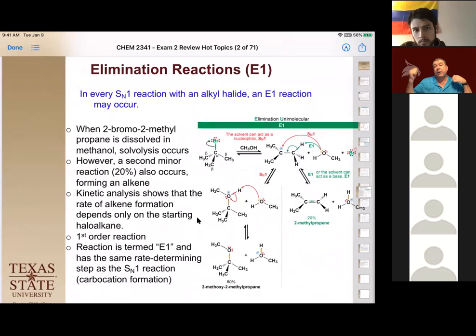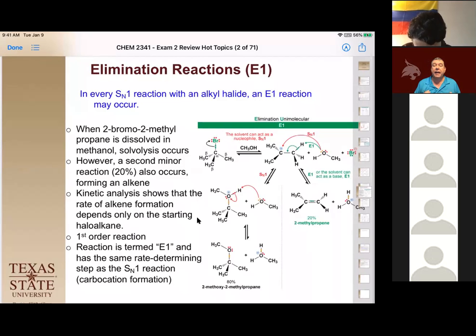Okay. Now that we have our SN1 and SN2, let's look at our E1 reaction. Our E1 reaction, just like the SN1 reaction, forms a carbocation. And therefore, SN1 and E1 reactions typically compete, okay? Unless you use a lot of heat and a really, really strong base, there will always be a little bit of competition between SN1 and E1 because of the formation of that carbocation.